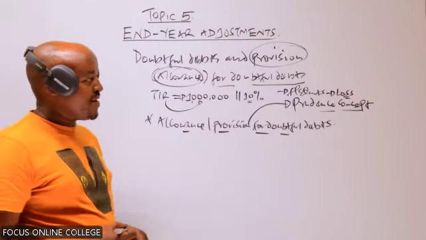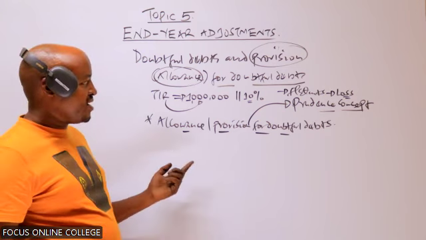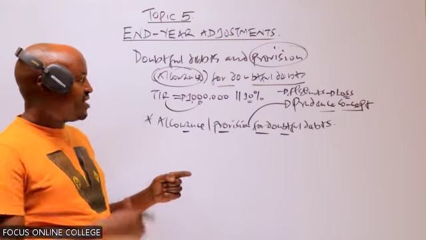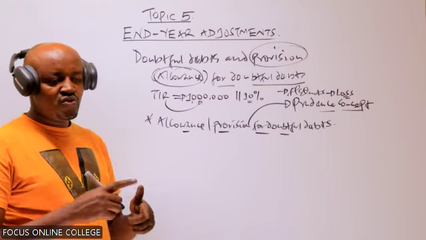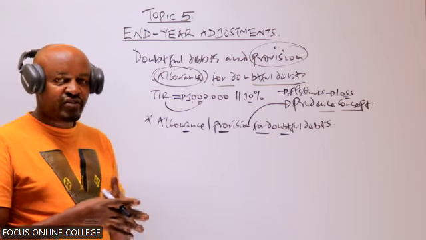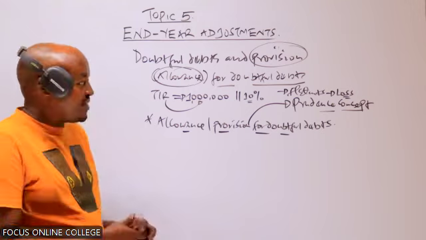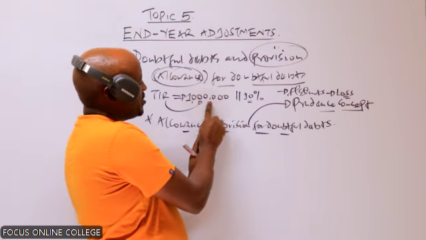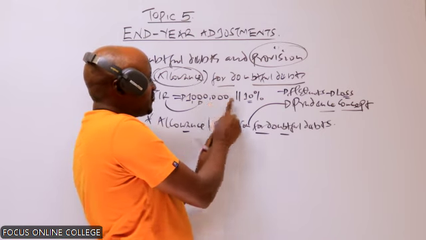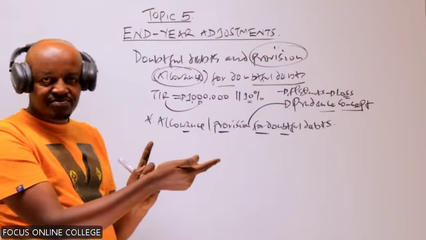A good example is where you expect that some of your debtors will not pay. Like in this case, if you have been in business, you know that 10% of the money you are expecting from your customers is never paid. So if at the end of the year you are expecting 1 million from your customers, automatically 10% of this will not be paid. You will not be able to collect 100,000.